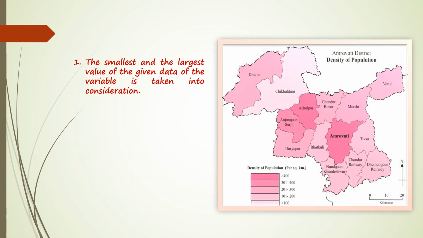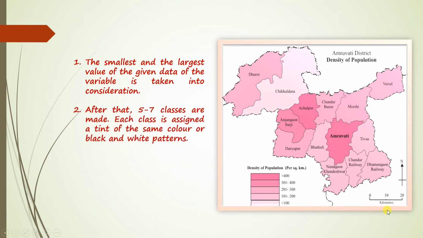The smallest and the largest value of the given data is taken into consideration. So when they collect the information or obtain data, they see the least number and the highest number, and then they classify it into 5 to 7 classes. See here, this is called classification, and this is classified into 5 classes: 1, 2, 3, 4, 5.